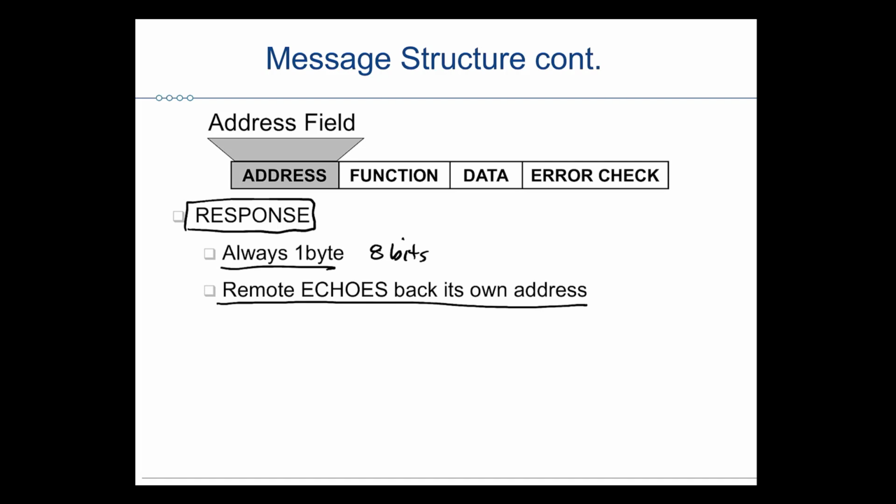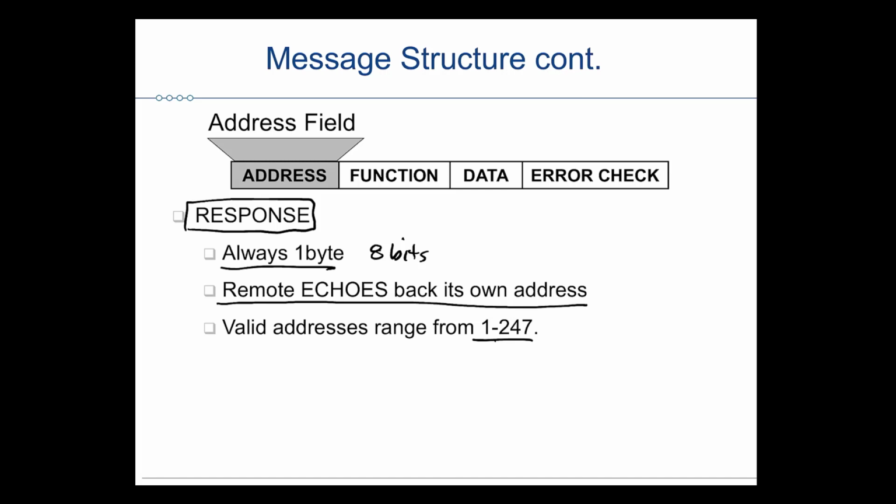So that means if you see a request going out to slave 23, in the response, the slave will put its own address in the address field. Essentially, it would be saying, yes, this is 23, here's what you asked for, or here's a write confirmation, or whatever. So it echoes back its own address, and that's a normal response. Valid addresses, once again, are going to be 1 through 247.